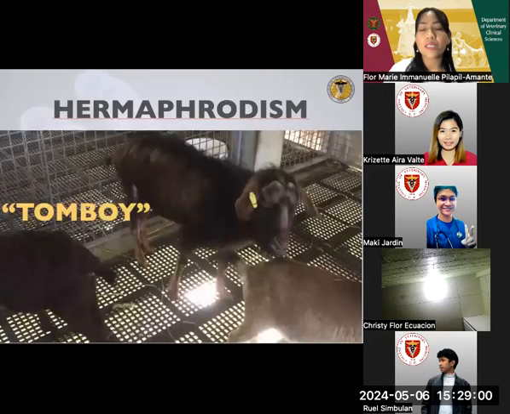I have a case here, and her name is Tomboy. She is a doe, so a goat, and she has not been pregnant, and also with poor libido and poor estrus. You can see that the face exhibits more of a buck rather than of a doe.